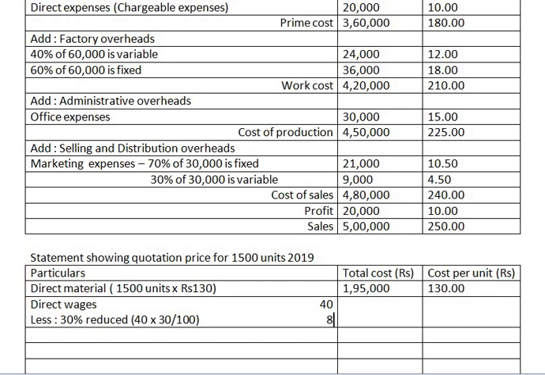That is rupees 8. So that will be 32 rupees, right? So 32 into 1500. So that is 48,000. Understanding? Hope so. This is clear to you all.